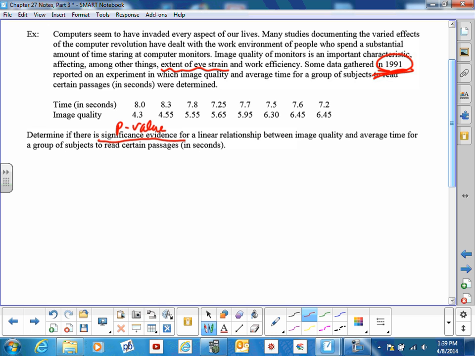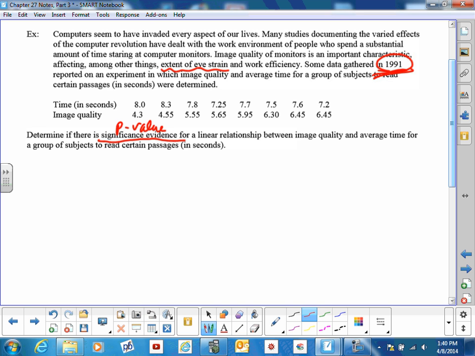Now let's look at this: time in seconds versus image quality. Which one of those is the explanatory variable? Which one's influencing the other? Image quality is actually the one that's influencing the time.